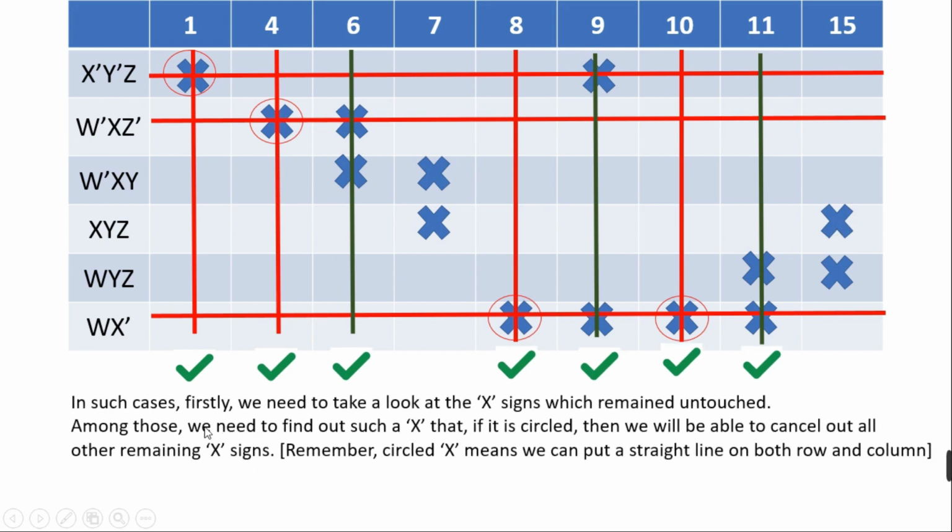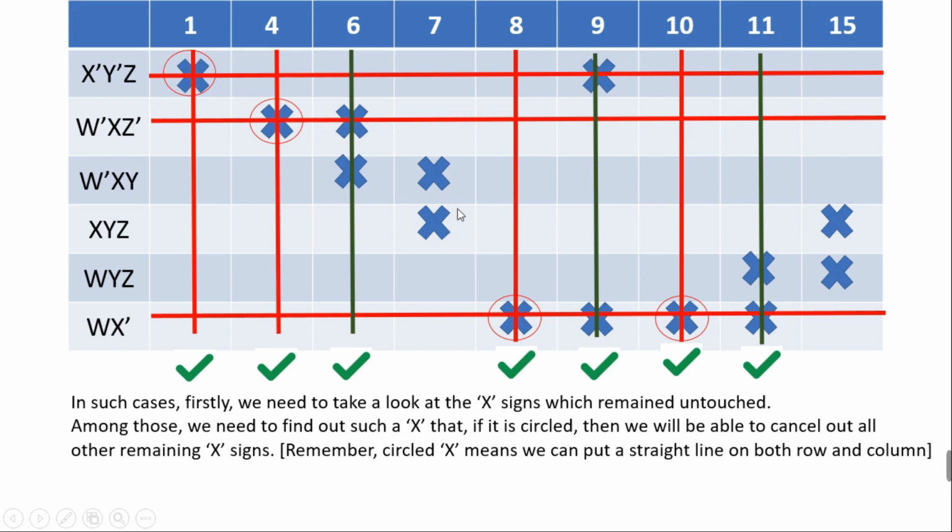Okay, so in such cases, firstly we need to take a look at the x signs which remained untouched. That means in this case there are two x's in column 7 and two x's in column 15. These remained untouched, so we need to take a look at them. All right, so now what we're trying to find is such an x that if it is circled, then we'll be able to cancel out all other remaining x signs.